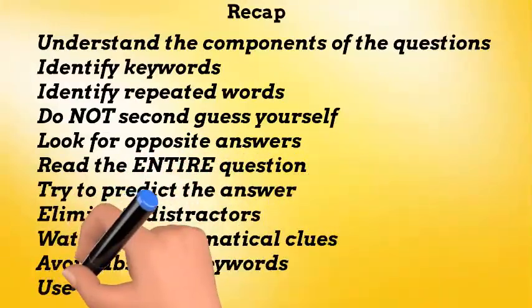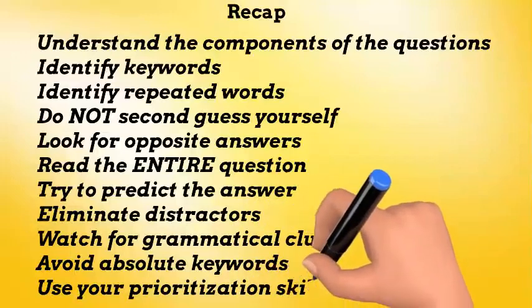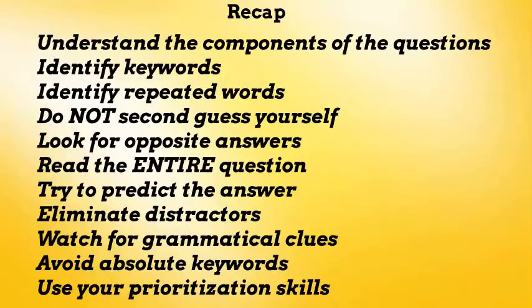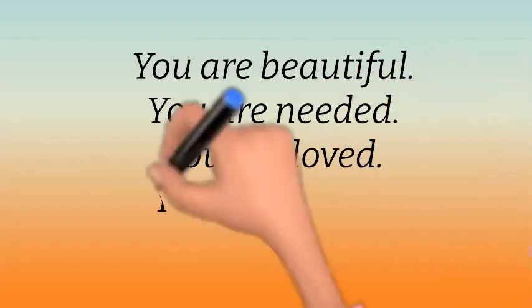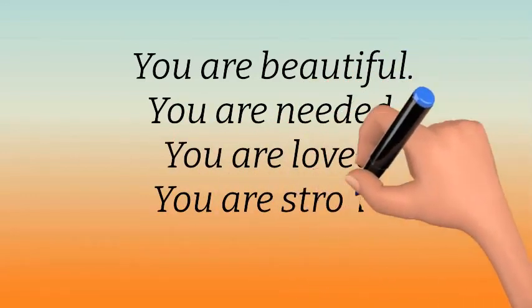Eliminate distractors, watch for grammatical clues, avoid absolute keywords, and use your prioritization skills. So that's it, guys. Today we talked about the top test taking tips that you can use to pass the NCLEX or any exam on your first try.